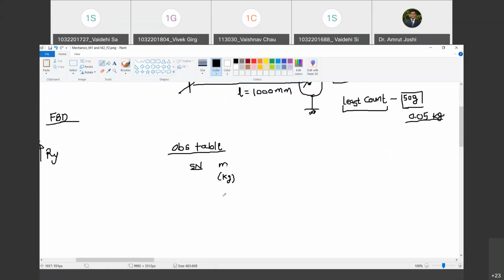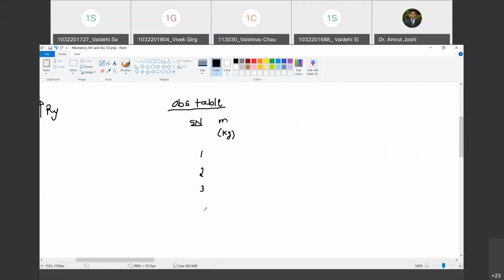So typically, let us say I take 5 readings. So 1, 2, 3, 4 and 5 readings. For 5 readings, let us say I have the values of M as M1, M2, M3 up to M5. Are you with me?